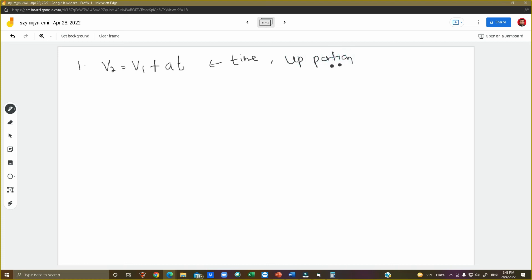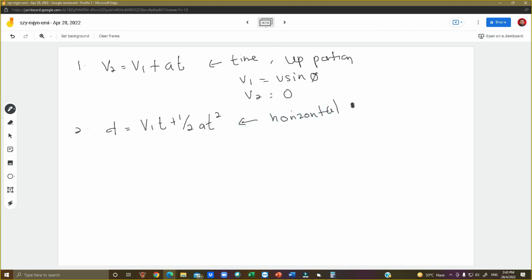Okay. And v1 in here is v sin theta. Ingat. v2 here is 0. The second equation, d equals to v1t plus half at square, is for horizontal range. Okay, tengok betul-betul.